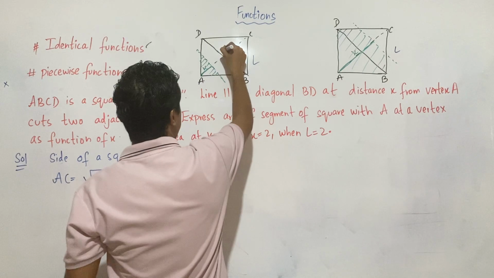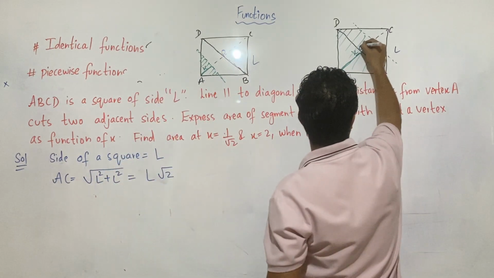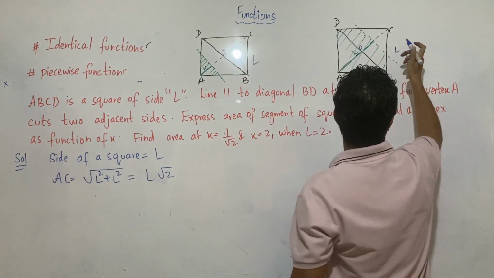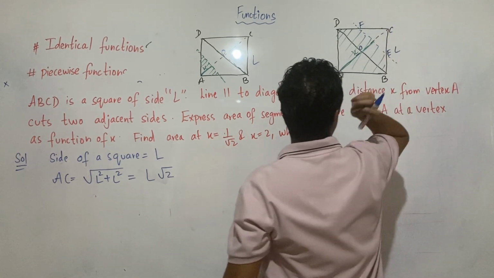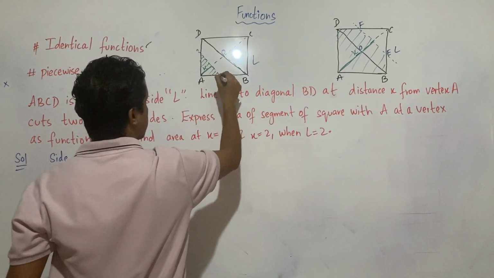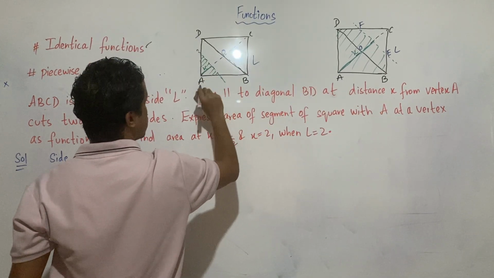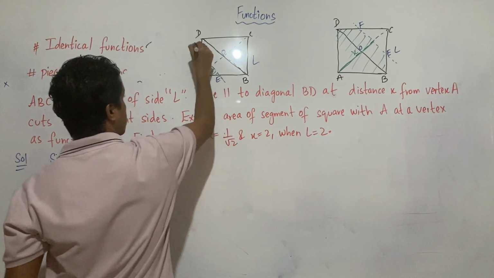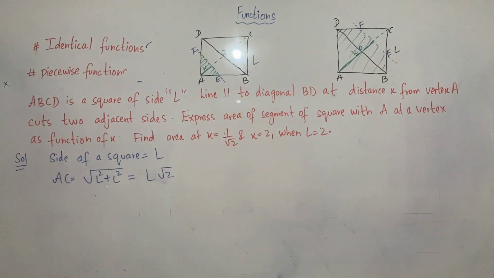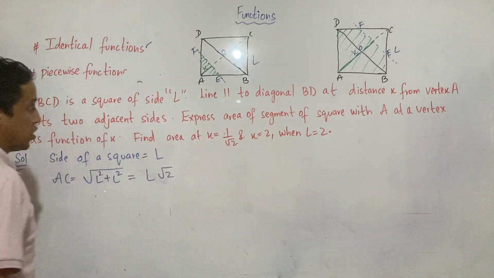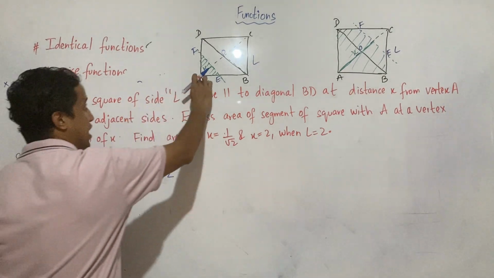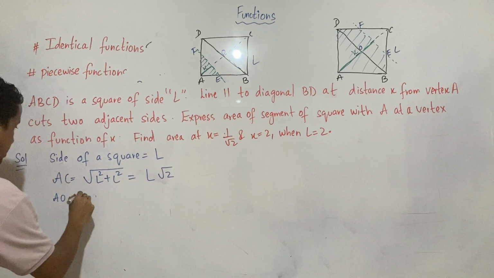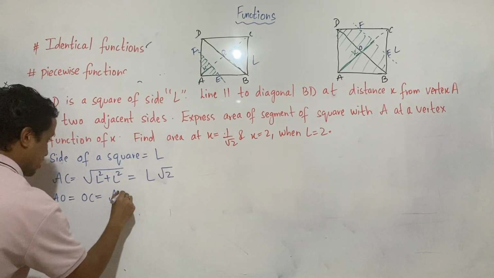And here, this point is O. Here, this is C, D, E, F. Right? So AC, we got it, which means that from here, I can say that AO is equal to OC, which is equal to AC by 2.